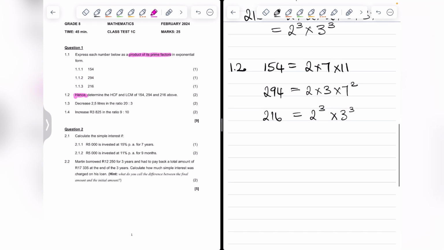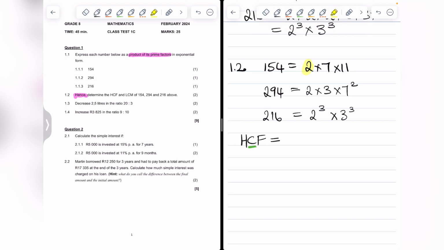So now we can just go ahead and choose the HCF. So remember, the highest common factor is all about the factors that are common, and we want to choose the factors that appear in all three of these sets of prime factors. So the values that appear in all of them, I think I'll use yellow this time.